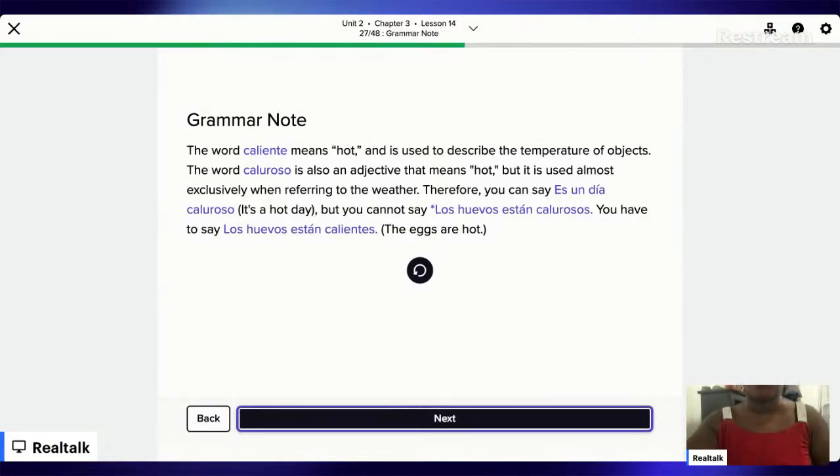And for anyone who is learning Spanish, why would you mess with somebody's head like that? Why would you tell them use caliente for objects, caluroso for weather, then use caluroso for objects, and then come back in the next chapter and say, even though we taught you that, don't do it? What? I'm just saying.